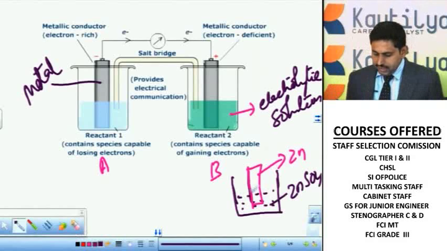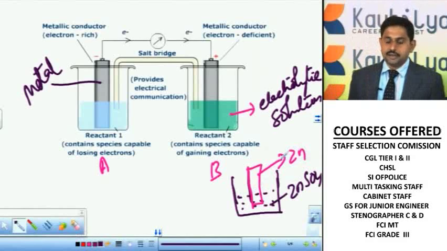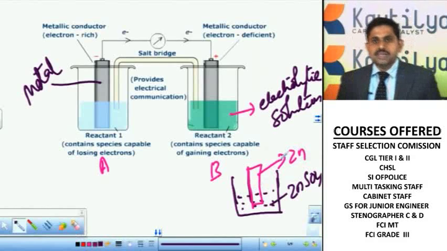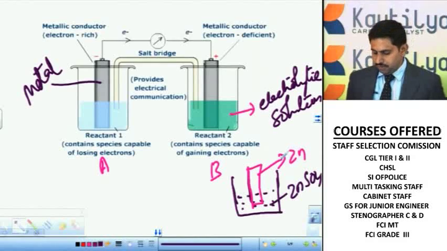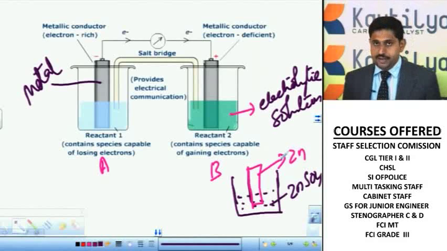See, the zinc is a metal which consists of zinc atoms, in the form of atoms. Basically, we have discussed in the previous slides that an atom is neutral, right? The number of electrons and protons is the same. So the zinc metal consists of zinc atoms. Here the electrolyte consists of a salt solution.